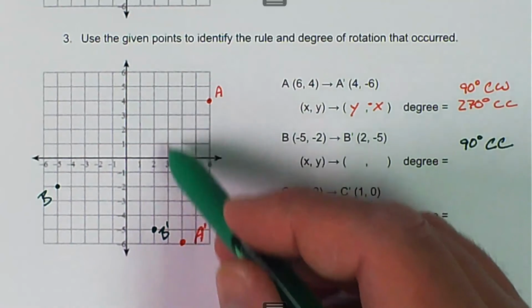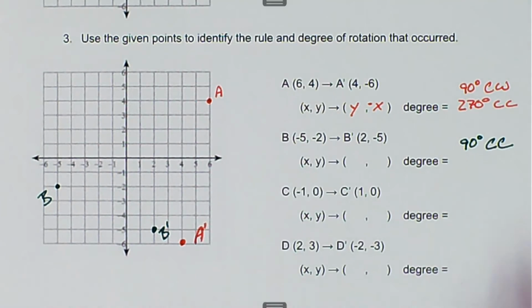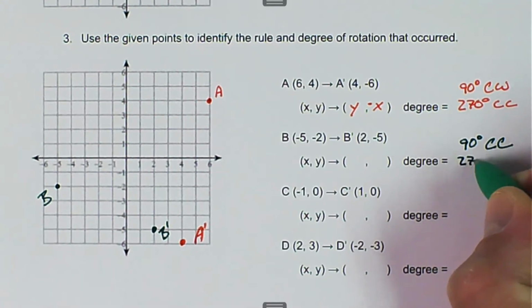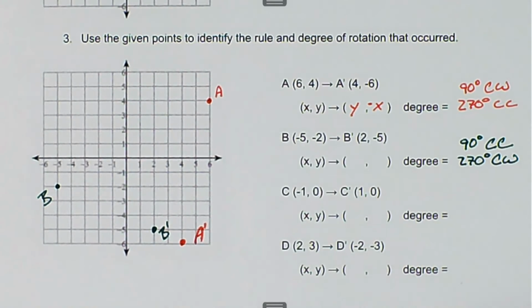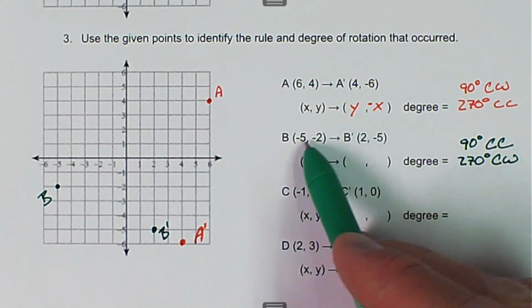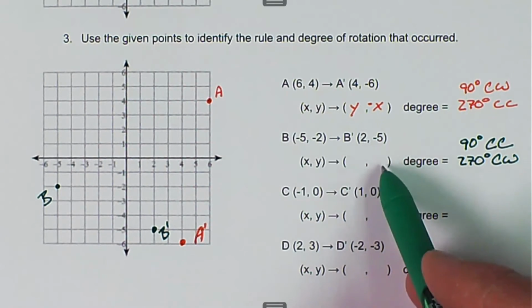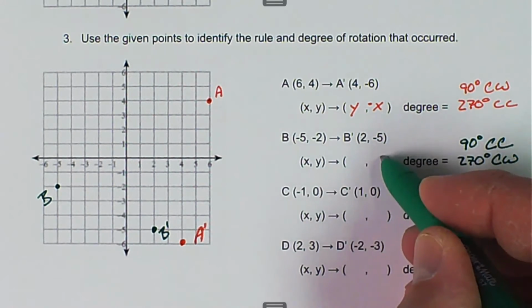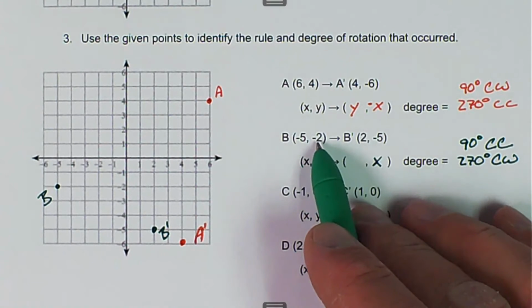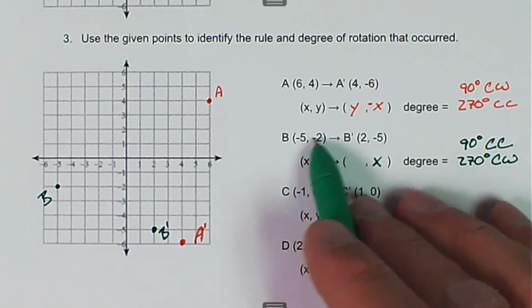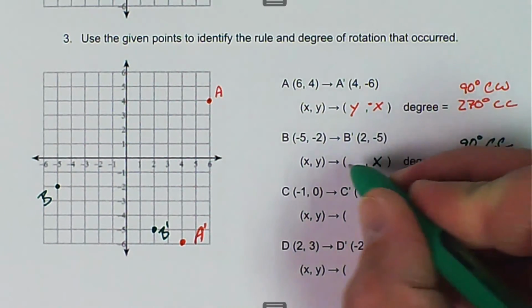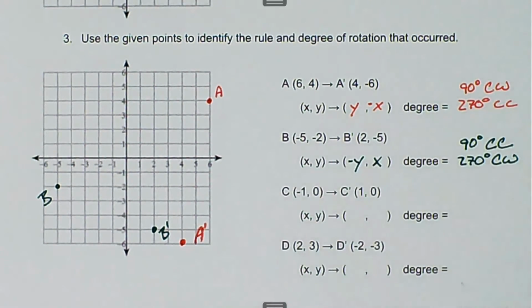Or we could have gone 1, 2, 3. So that's 3 quadrants, 270 degrees clockwise. Now, the coordinate rule: our new y value is our old x value, and our new x value is negative the old y value. So we can put negative y there.